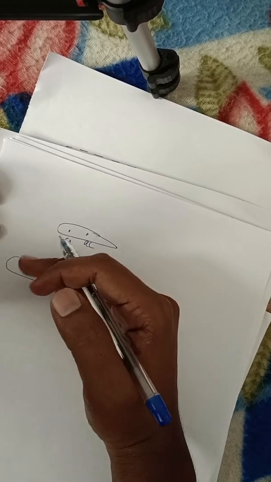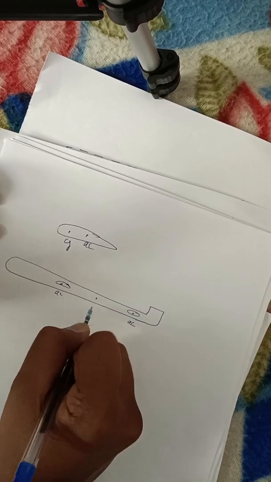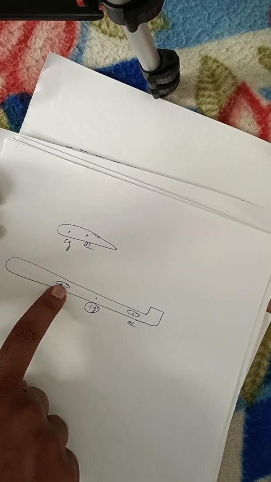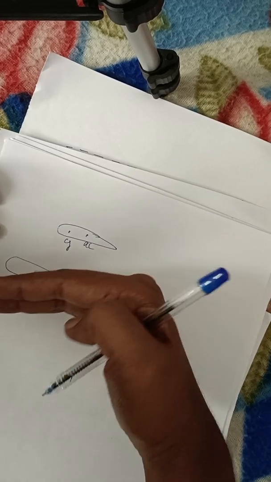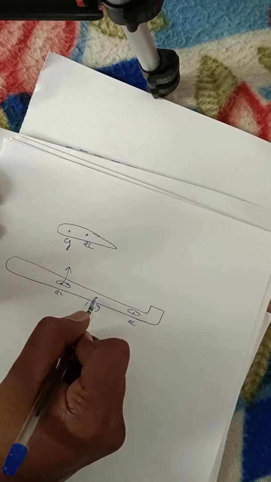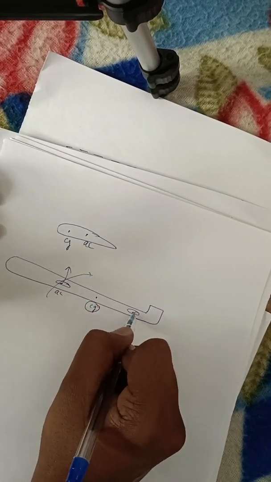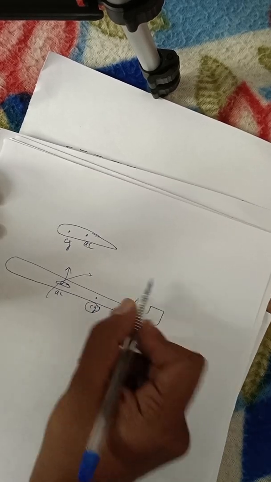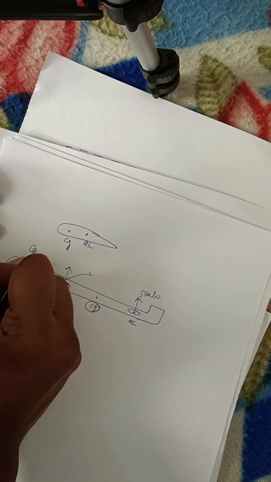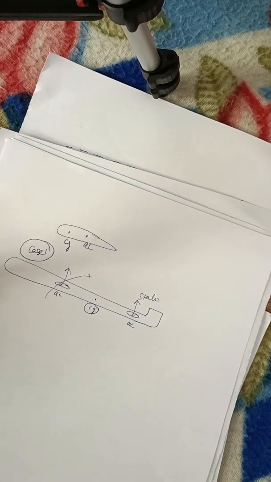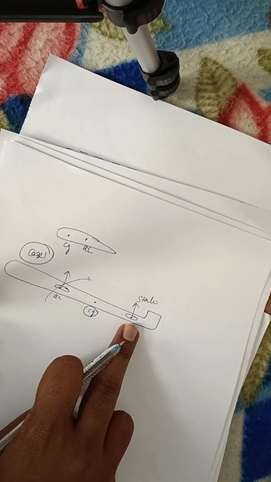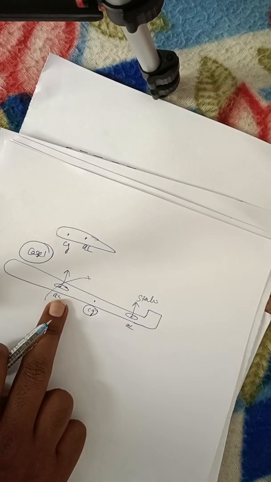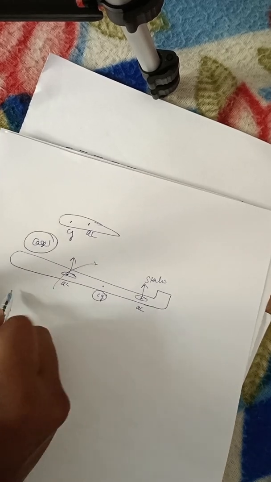If I place the CG point here, it's behind the aerodynamic center of the wing. So the wing will generate a destabilizing effect. For any increase in angle of attack, alpha increases, it creates the destabilizing moment. But what about the tail? Now the CG point is forward of my AC point. Now it will create the stabilizing effect. This is case 1. Here the tail will give a stabilizing effect, the wing will give a destabilizing effect.